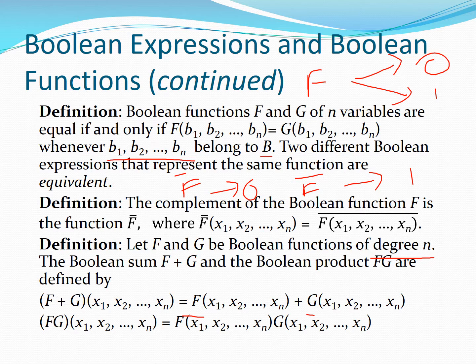The same way for the product, first evaluate what function f and function g evaluate to for the values x1 through xn put into f and g respectively, and find the product of these two resulting values, and that's going to be the product of the two functions.